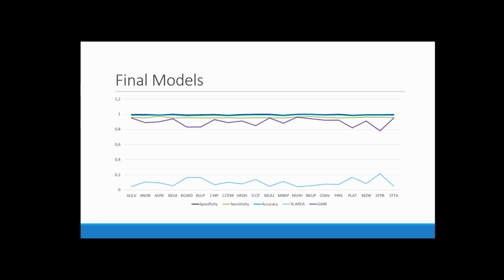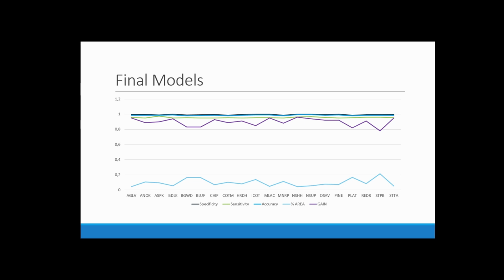The very straight line across the top is the percent of sites predicted, the specificity. The green line is the percent of non-sites accurately predicted, the sensitivity. Accuracy is in between them because it's based on both.